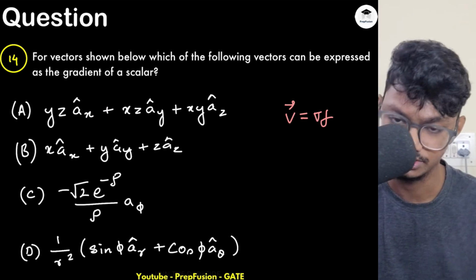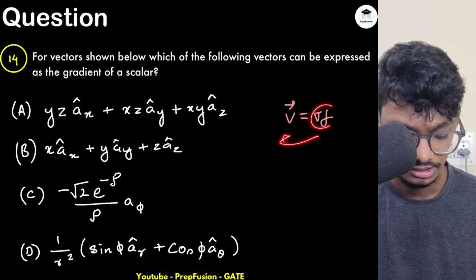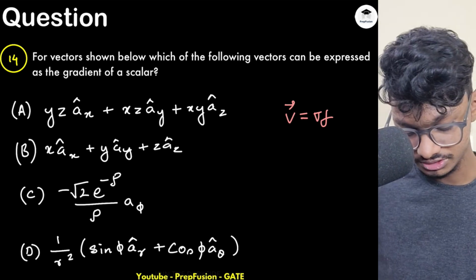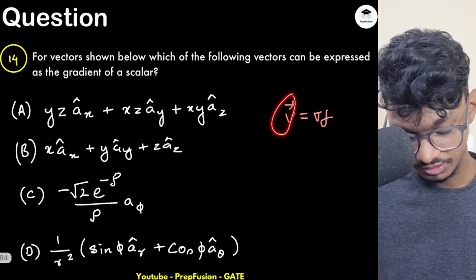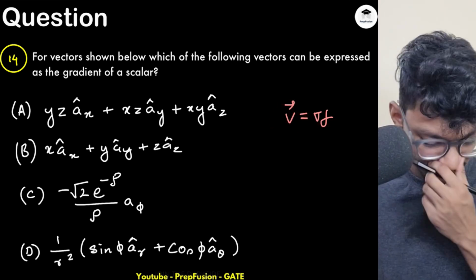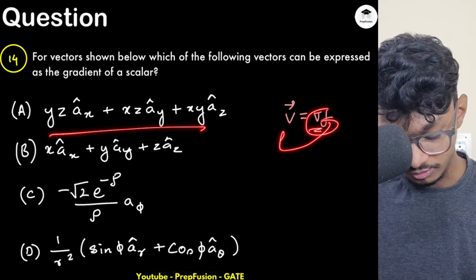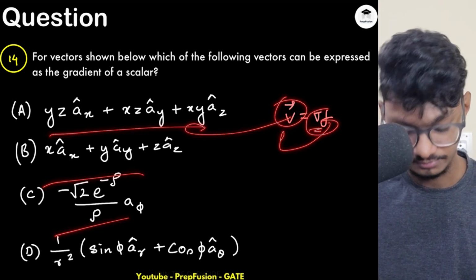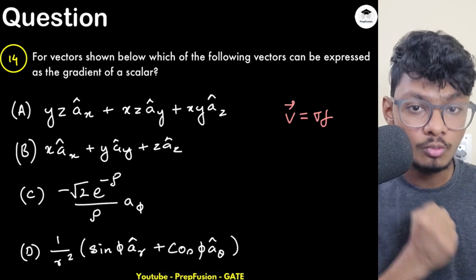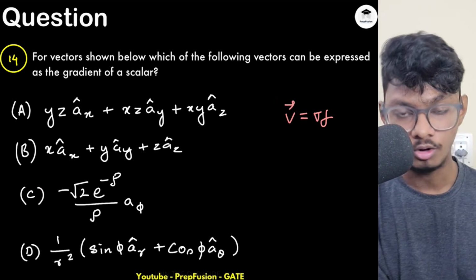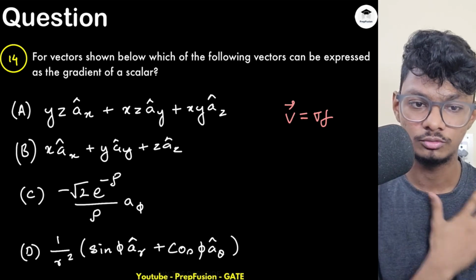Let's say I have a scalar function, and if I take the gradient, that will give me a vector. Basically, if I take the gradient of any function, can I ever get back to this vector? So how do I go about this? How do I identify it? Because I don't even know the starting point.